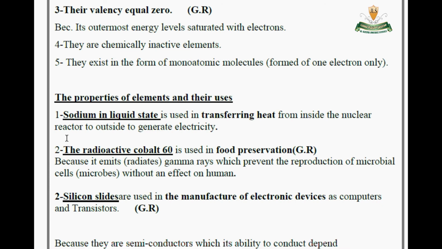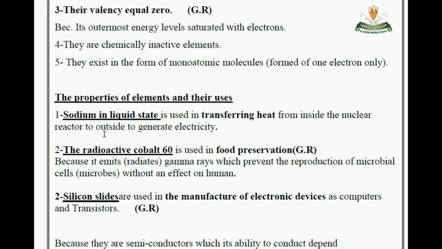Let's go to some uses of some elements. Number one, sodium in liquid state is used in transferring heat from inside the nuclear reactor to outside to generate electricity. Number two, radioactive cobalt-60 is used in food preservation.